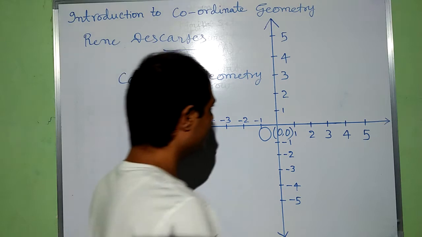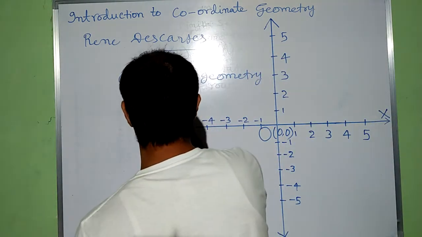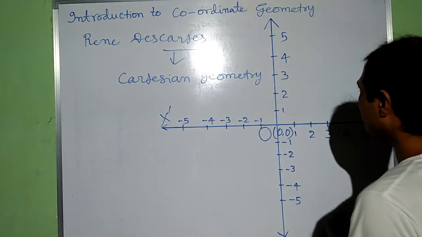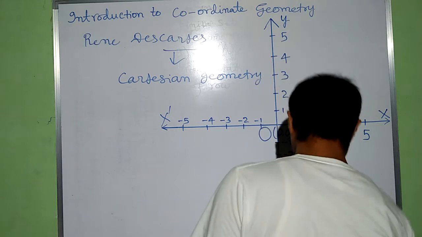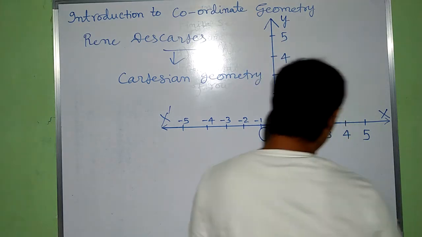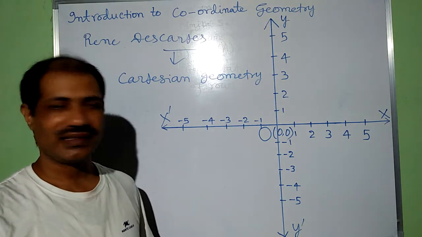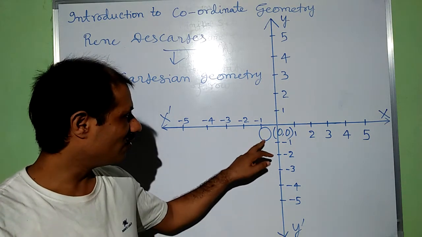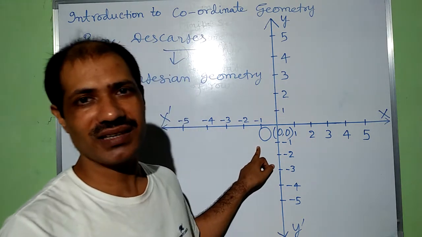Here, this is called the x-axis and this is called the y-axis. Both axes are mutually perpendicular. They intersect at O. This point is called the origin.